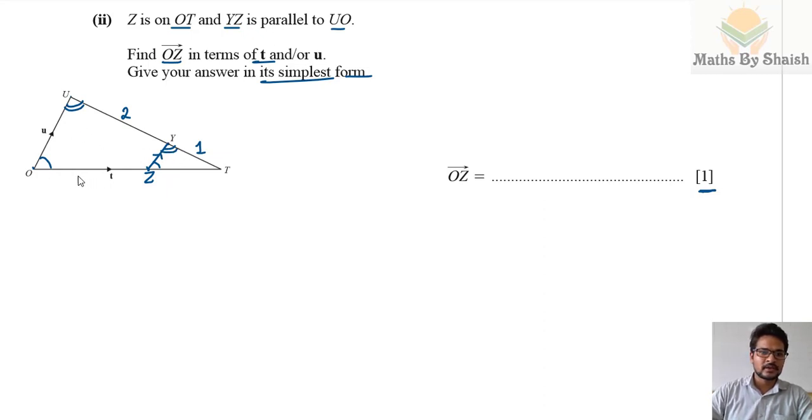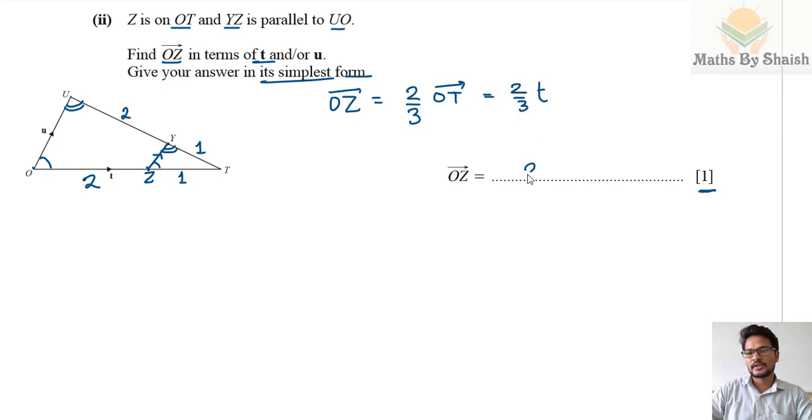If they are similar, these two sides also have to be in the same ratio 2:1. So that's why OZ vector would be 2 by total, that is 3, of the total vector. The total vector is in this direction, so OT vector, and OT is T, so it becomes 2 by 3 T. So it's like 2 by 3 times T vector.